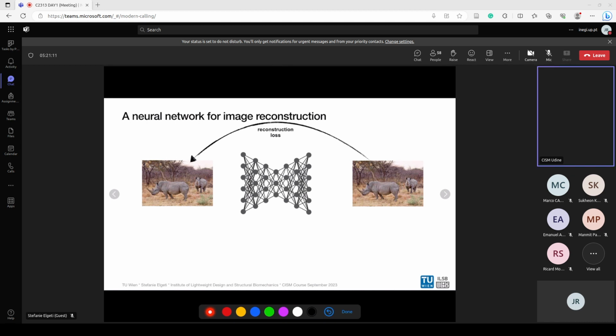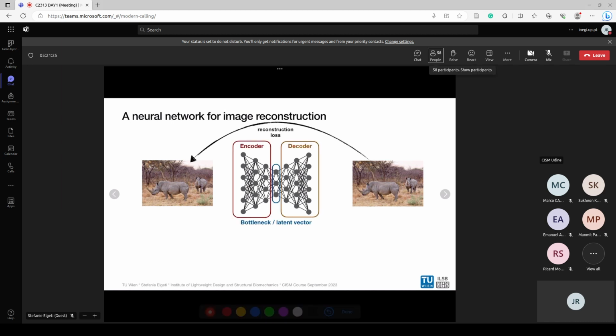And now, the way that we train this network is that we give it a picture and we train it to reconstruct exactly the same picture again. So that doesn't seem to make much sense because we already have the picture.